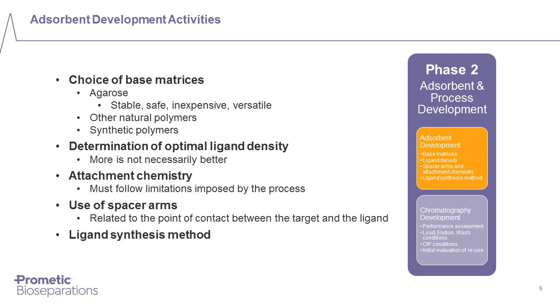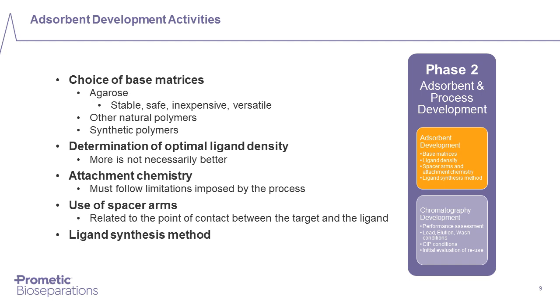So in terms of the adsorbent development, our choice of base matrix is typically agarose. It is something that we make in-house, and it's stable, it's safe, it's relatively inexpensive, and it's very versatile in terms of uses. But there are other natural polymers and synthetic polymers that we have used in the past and that can also be used. We do work on determining the optimal ligand density for a given adsorbent.